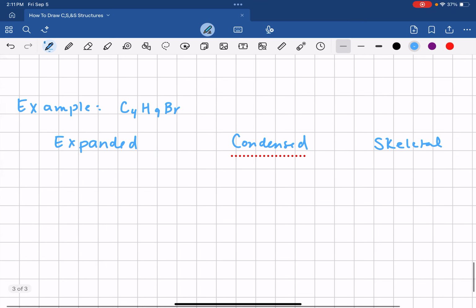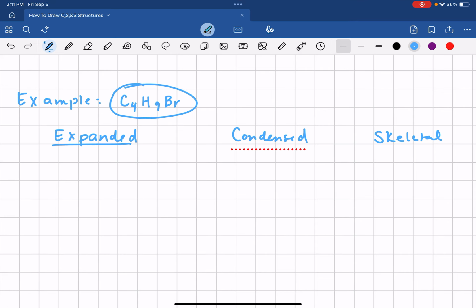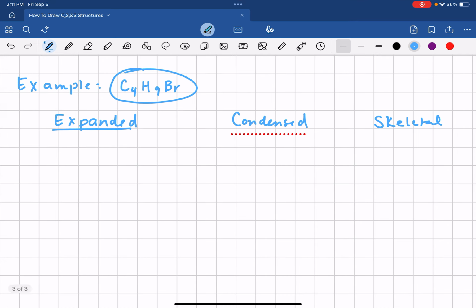Okay, that's our structure right here, C4H9Br. Let's create the expanded structure. Carbon has 4. It is connected to a Br, a bromine, and let's add 9 hydrogens. So 1, 2, 3, 4, 5, 6, 7, 8, 9.